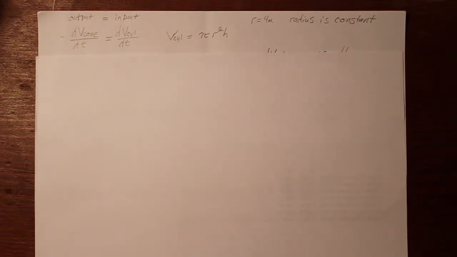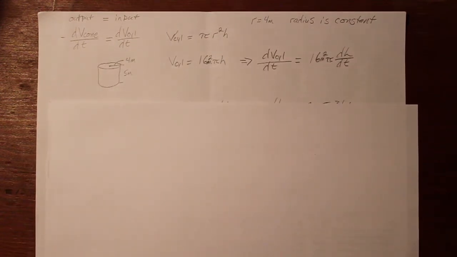The fundamental relationship for the volume of a cylinder is pi r squared h, and we're given that the radius is 4 meters, and in this case it's a constant. So, because our radius is constant, we can just plug it into the equation. We get the volume of the cylinder is equal to 16 meters squared times pi times h.